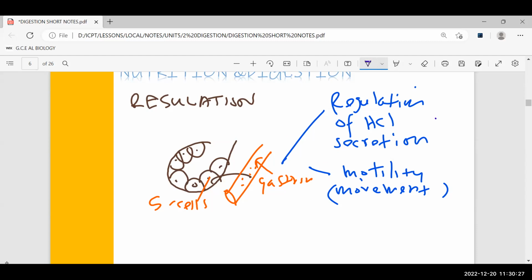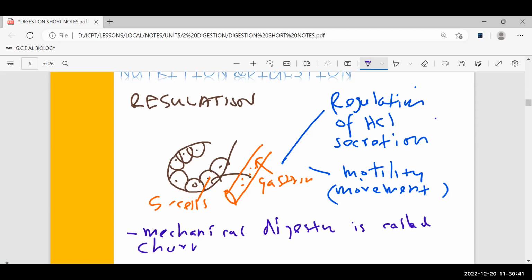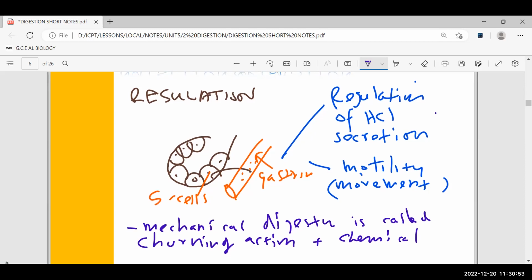We don't have that kind of thing, so we don't call it grinding. This mechanical digestion is called churning action, and it also has chemical digestion. That is pepsin, right? Pepsin.